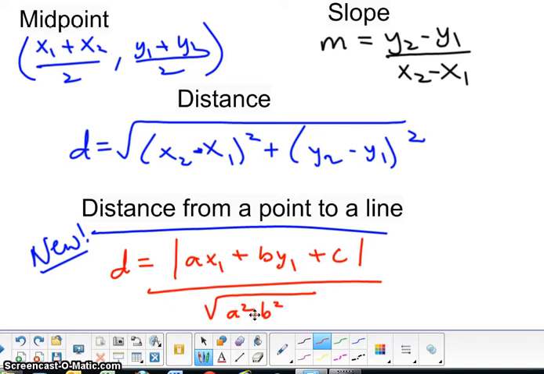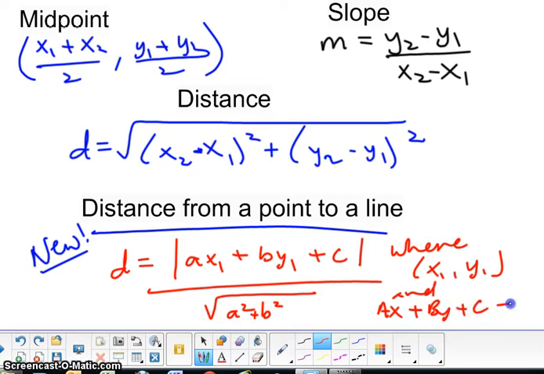Okay, so this will be for a point x1, y1, so you're going to have a point, and your equation must be in standard form, ax plus by plus c equals 0.